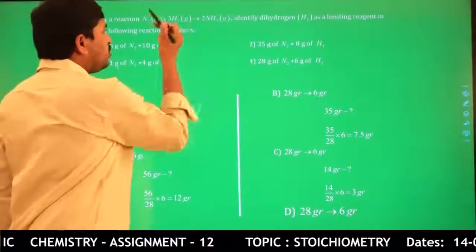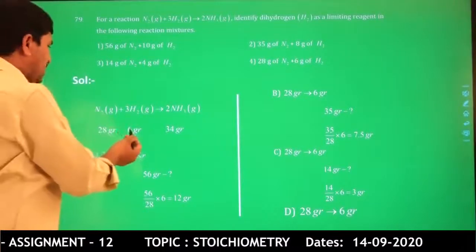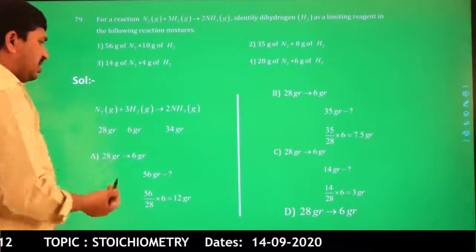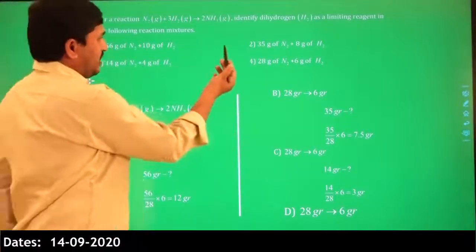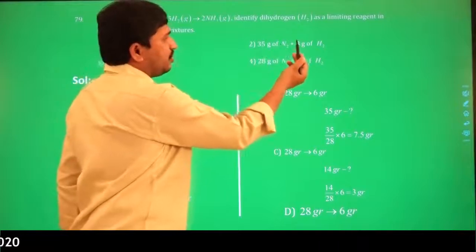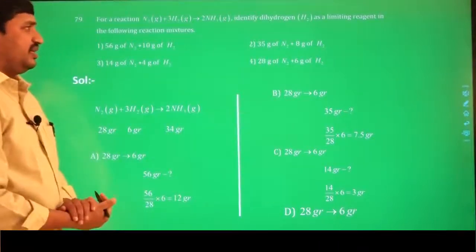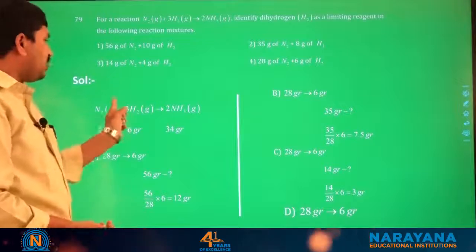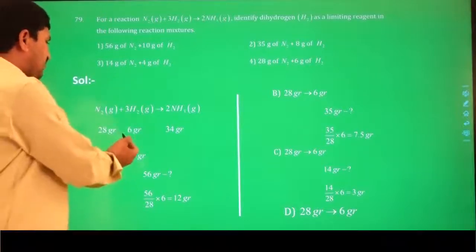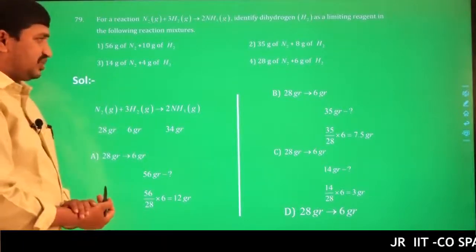Generally according to the equation, 28 grams of N2 react with 6 grams of H2. Then the second option, what is this? Here 35 grams of N2 combined with 8 grams of H2. In this case is hydrogen the limiting reagent or not, check out. According to the reaction, 28 grams of N2 combined with 6 grams of H2. Got it?